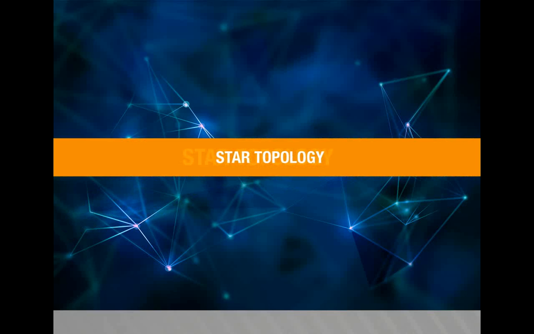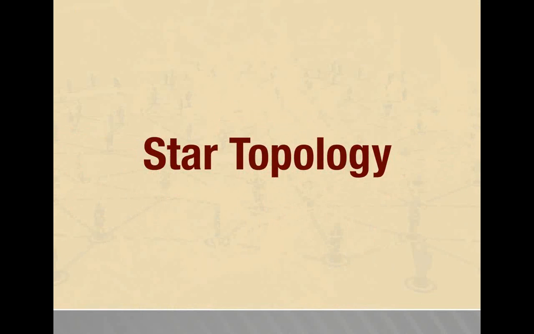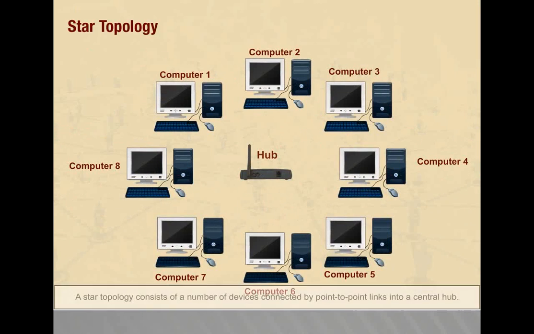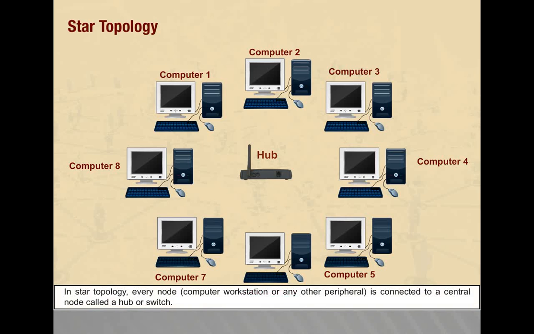Star topology. In this video, we are going to learn about star topology. A star topology consists of a number of devices connected by point-to-point links to a central hub. In star topology, every node, that is a computer workstation or any other peripheral, is connected to a central node called a hub or switch.